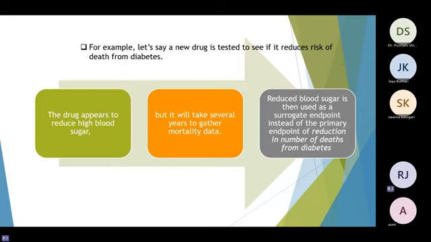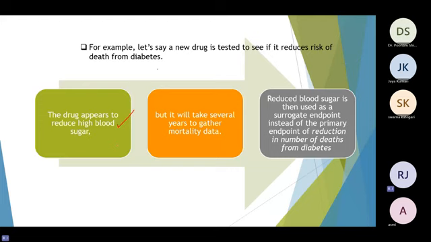Let's see with the help of one example. For example, we are developing a drug which is used to reduce high blood sugar. Okay, and we are checking whether our drug is going to decrease the mortality in subjects with high blood sugar or not.